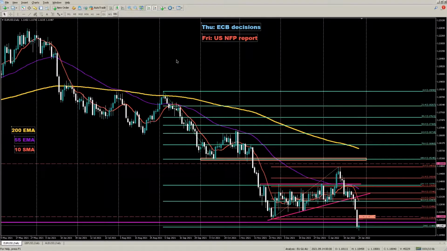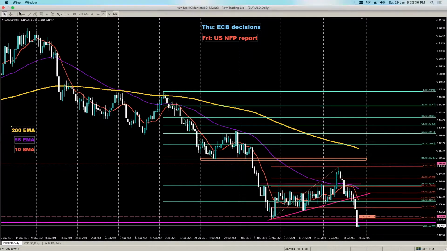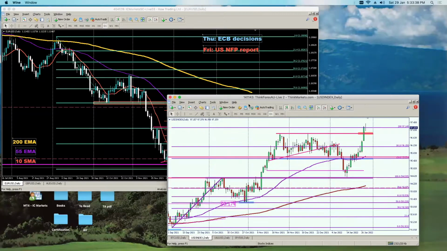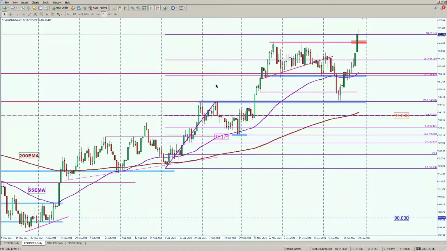Let's also take a look at the US dollar index to see the reaction after the Federal Reserve Wednesday. That was the trigger that pushed it above the 162 pip extension of this swing move up, and it blasted through this intermediate resistance comfortably on Thursday and reached the 200 pip extension level here.